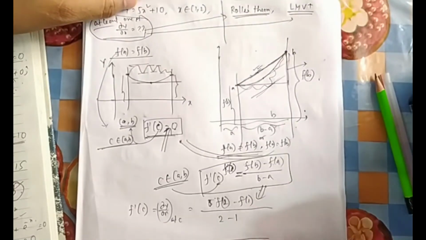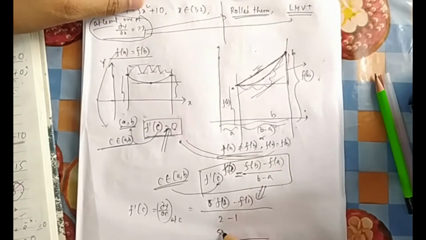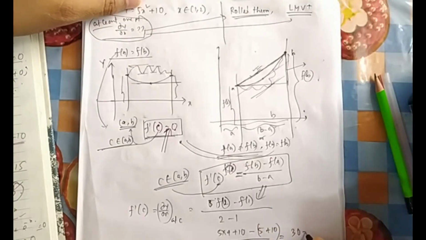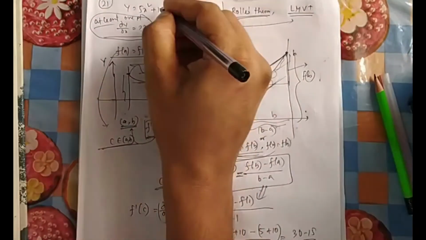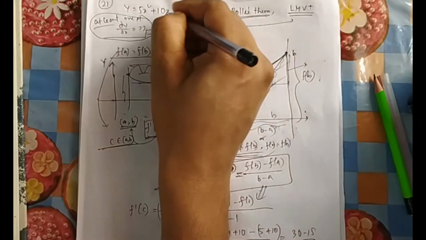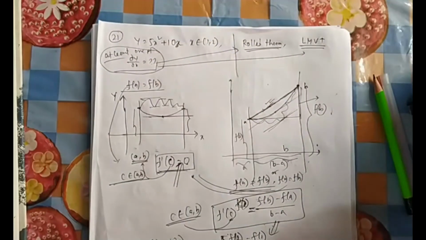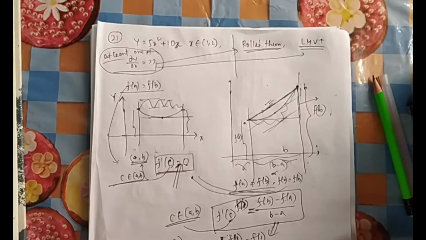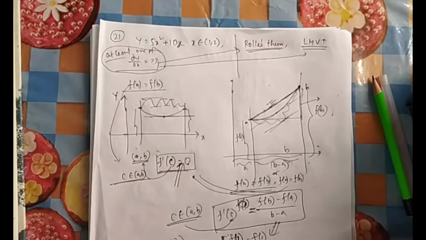If it is 2 minus 1, this is 1. Oh, sorry, it was 10x: 5x square plus 10x. So f of 2 is 5 into 4 plus 10 into 2, so 20, 20, 40, minus 15. Answer is 25. That is B.